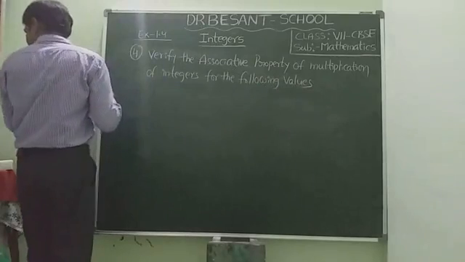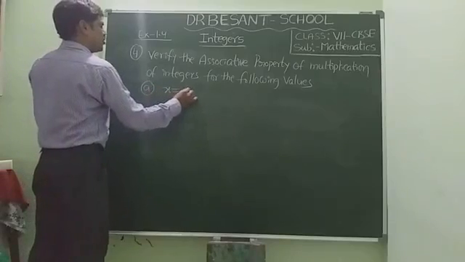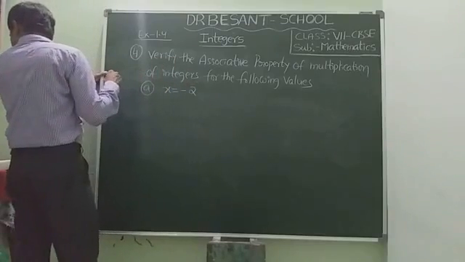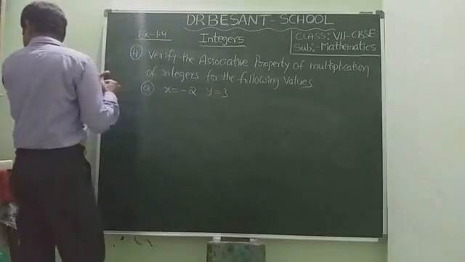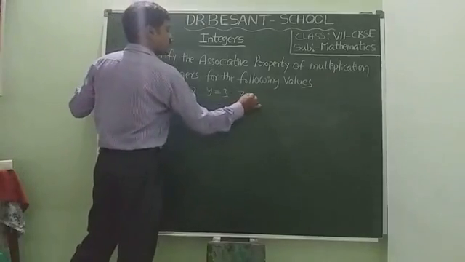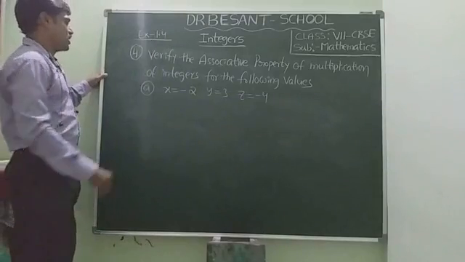So x is equal to minus 2, y is equal to 3, z is equal to minus 4. So verify the associative property.